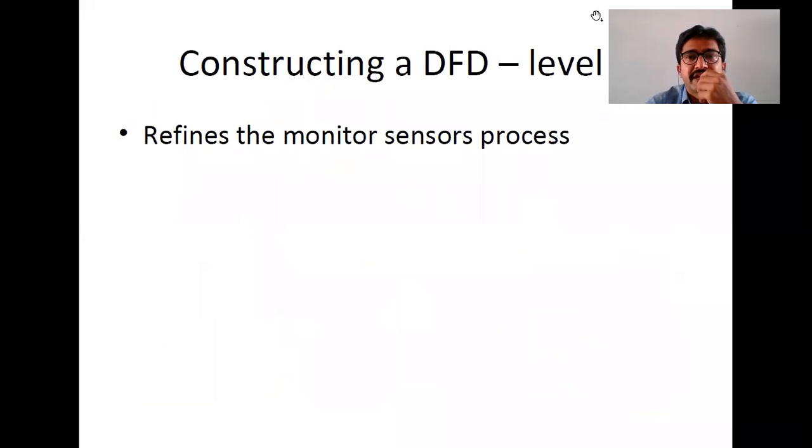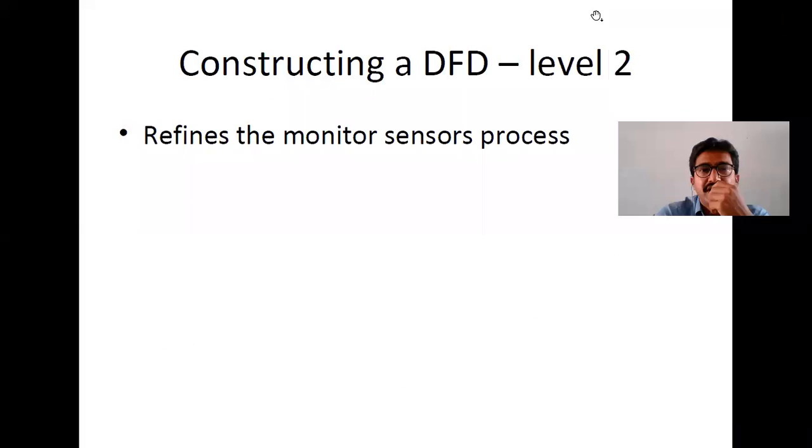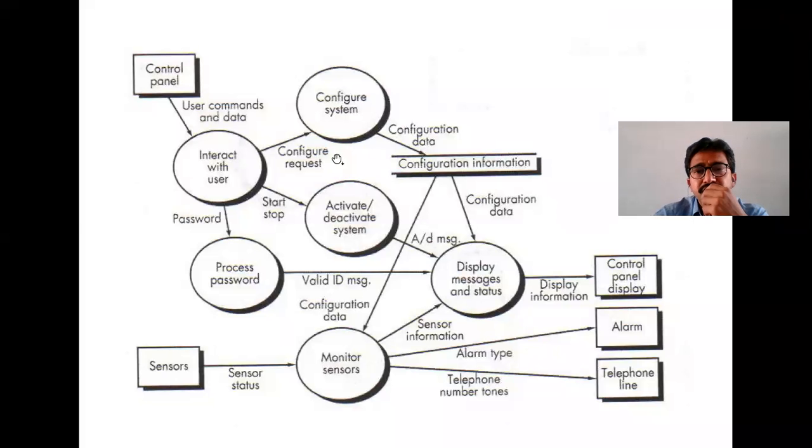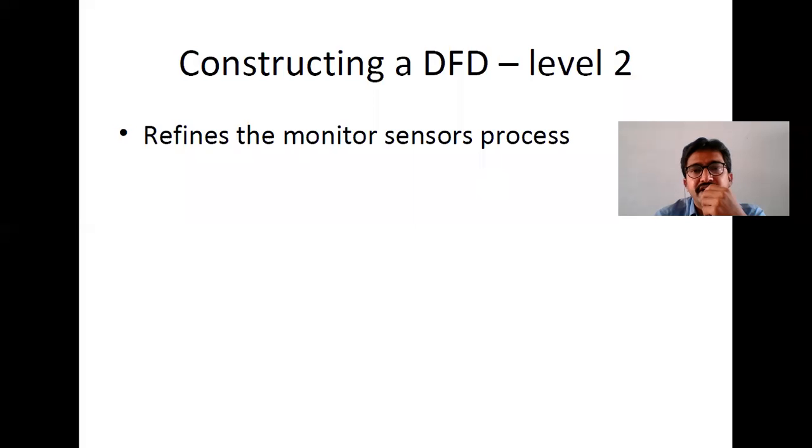How we construct this level 2 is by defining the monitor sensor process. Meaning, if you want to add more detail, like the configuration information, to level 2, I am just expanding the configuration information data store, such that in level 2 I define the monitoring sensor process.